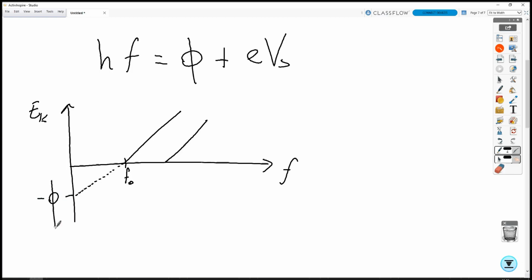The gradient gives you Planck's constant. So these are different metals. And gradient is equal to h for both.